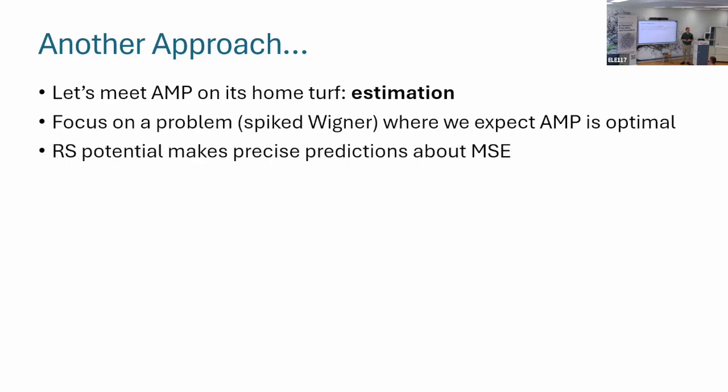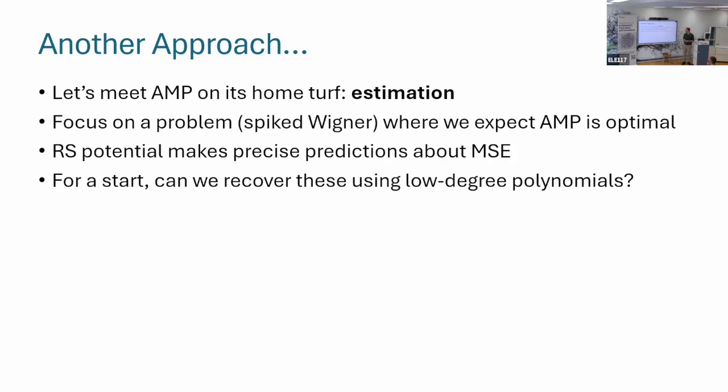And we know that the AMP machinery can make very precise predictions about exactly what is the mean squared error that you should get for a given value of the signal to noise ratio, right? In some regime where that mean squared error is converging to a non-trivial constant. I'm assuming maybe that you have some familiarity with AMP. I hope that's okay, but yeah, ask questions if you have them.